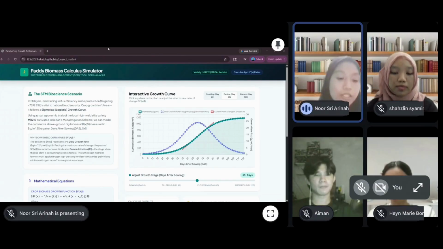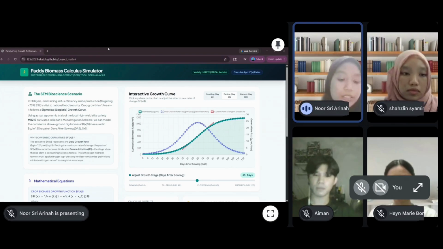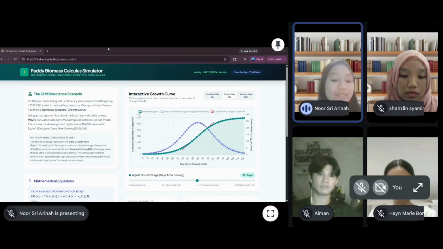At the middle point, as we move to the peak, the curve flattens out and the derivative equals 0. This represents the maximum efficiency yield. Adding more fertilizer beyond this point will not increase product.